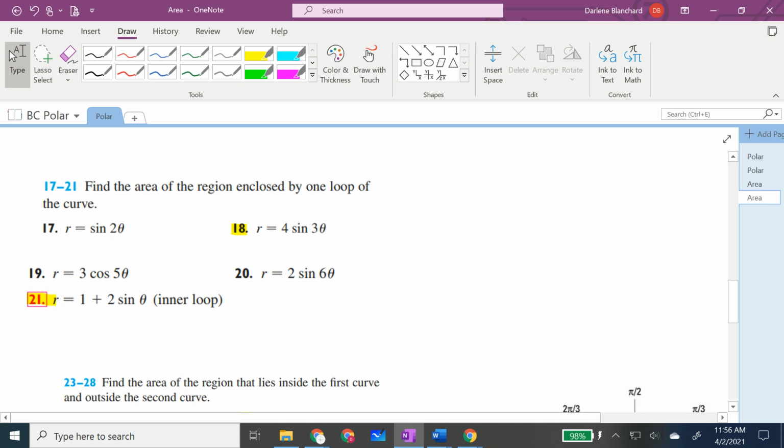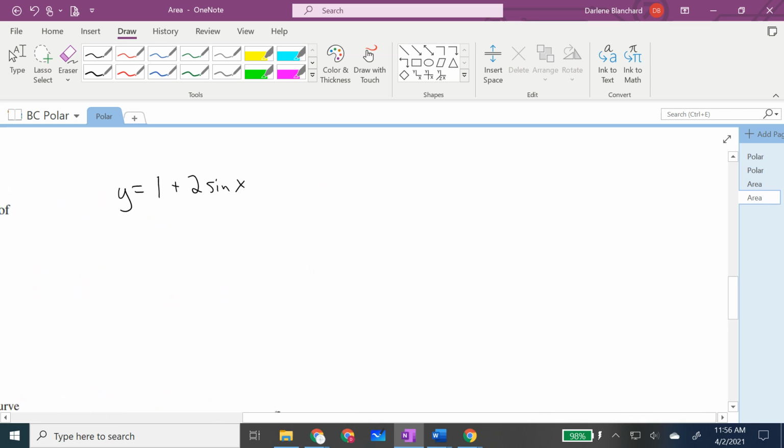All right, so we need to take a look at the graph of problem 21. So what I'm going to do is talk to you about creating the graph based on the Cartesian graph.